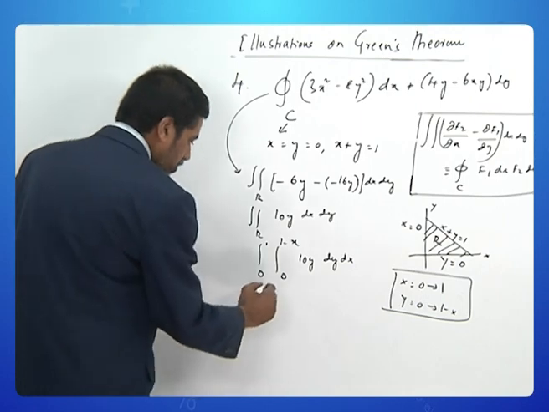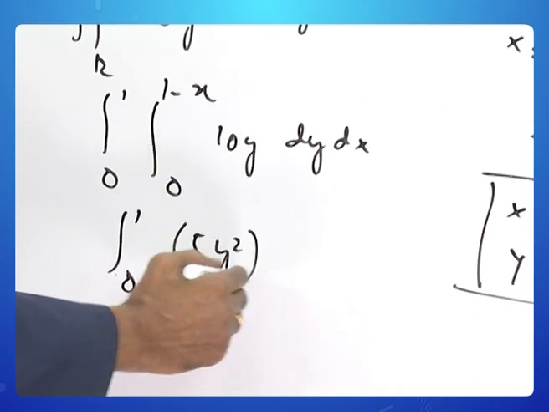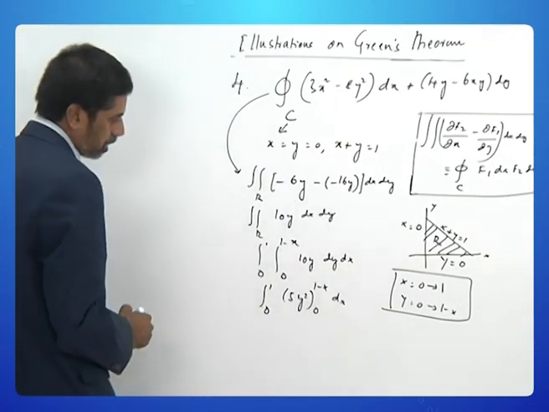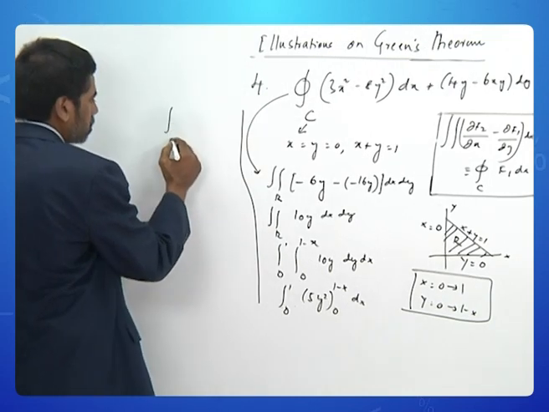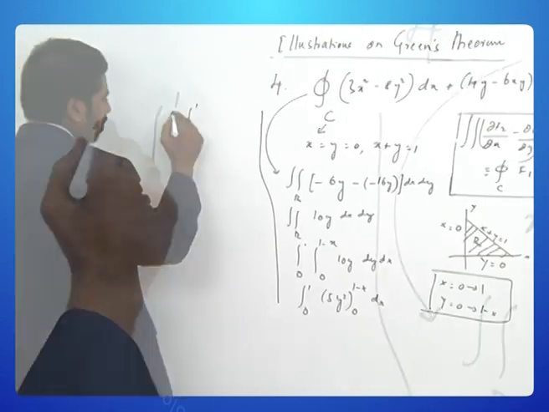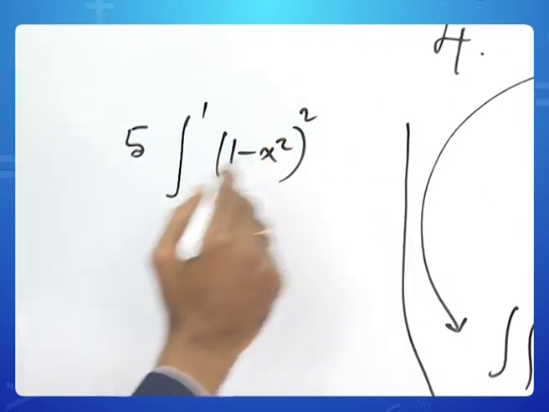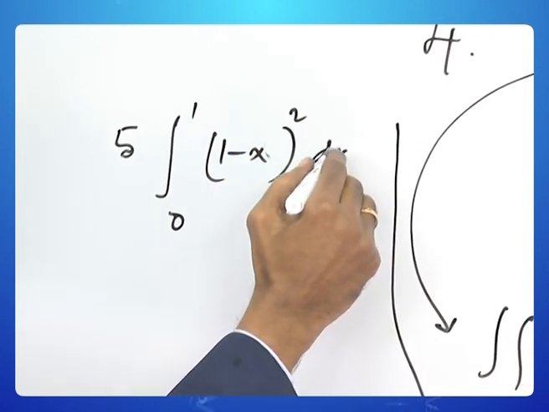So when you evaluate this, this becomes 5y² from 0 to 1 − x, dx. So let us do this calculation. This becomes the integral from 0 to 1 of 5 times (1 − x)² dx.